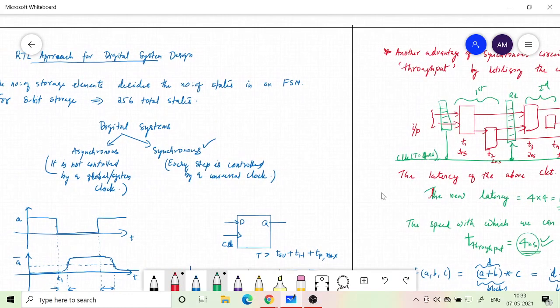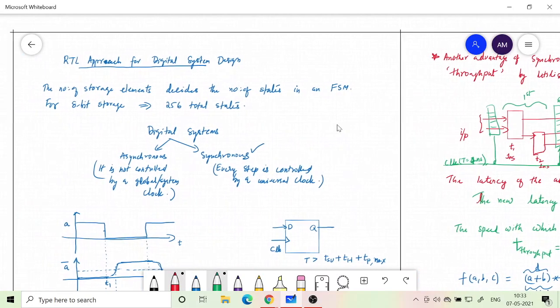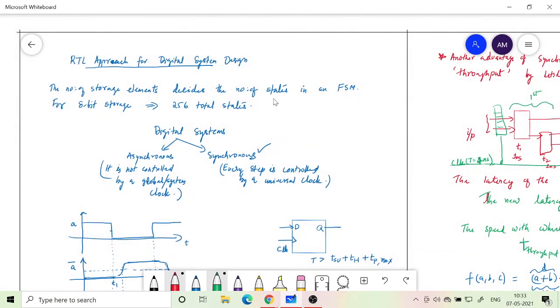The second thing is that the moment registers are introduced, it results in an increasing number of states, which I talked about at the very beginning. 8-bit means there will be 256 states. So if one 8-bit register is there, there are 256 states. Similarly, if you have multiple registers, say 8 plus 8 is 16, then 2 raised to 16 states.